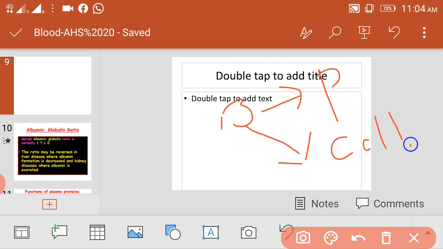In the plasma, it mainly contains water, the liquid portion, and organic and inorganic substances. The organic substances are mainly called plasma proteins.